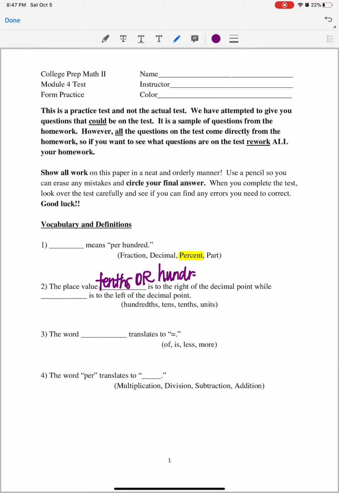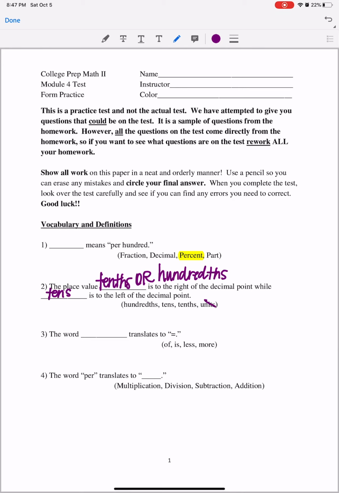I don't know why they have two different options that both work. If it means just directly to the right of your decimal, that is your tenths place, but technically hundredths is to the right of the decimal too. And then the blank is to the left of the decimal, that is your tens place.